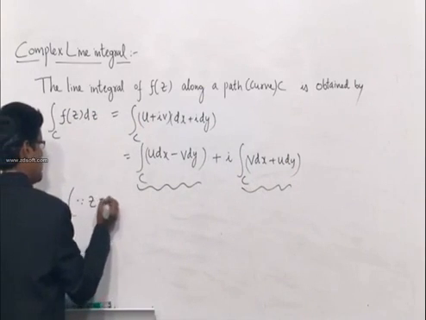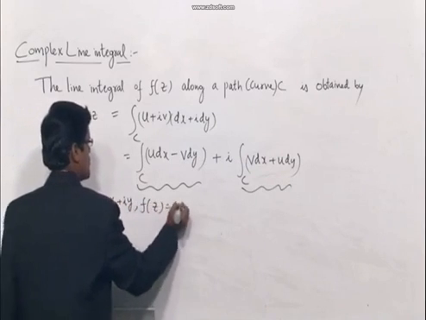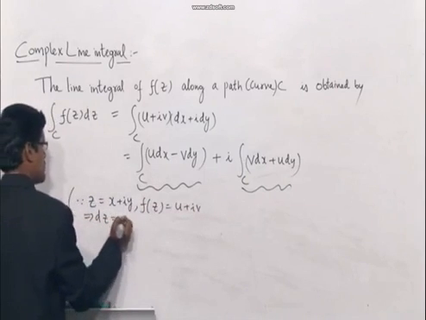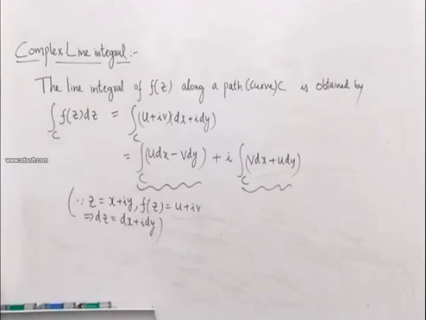Since z is equal to x plus iy, f of z is equal to u plus iv, this implies dz is equal to the differentiation of z, which is dx plus i dy. This is the reason.